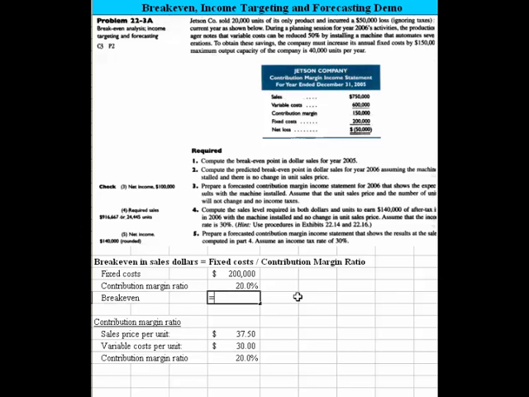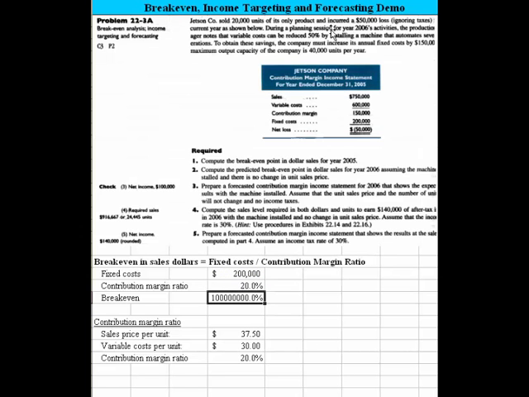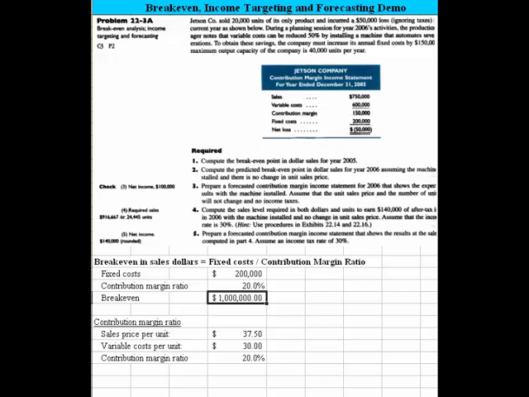So we will take that cell, 200,000, divided by 20%, and we're going to turn that to dollars now. That tells us that break-even in sales dollars would have had to have been $1 million for the company to break even before taxes, and that takes care of part 1.